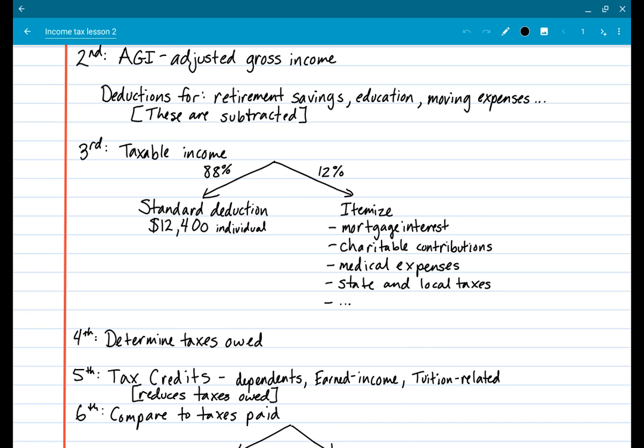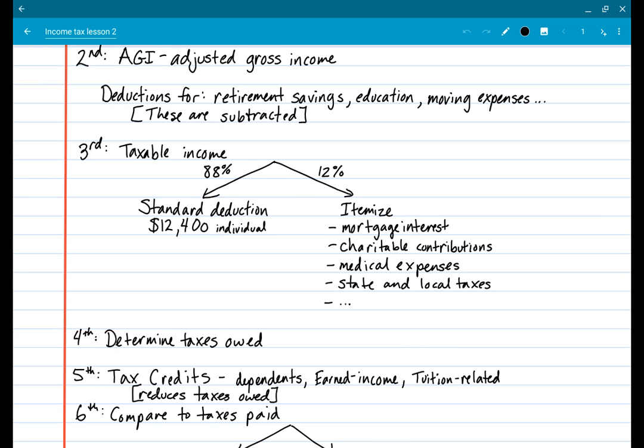So if you made, let's say, $40,000 as your adjusted gross income, they're going to take this standard deduction or the amount from your itemizing, and then that becomes your taxable income.